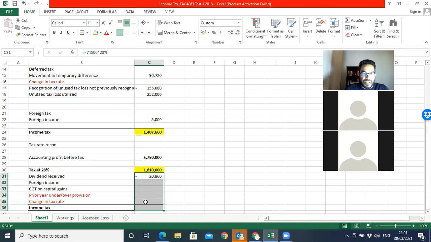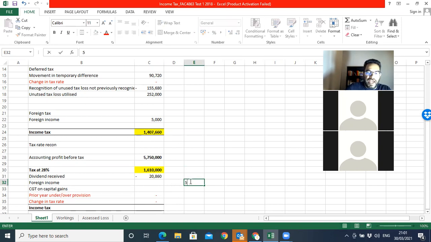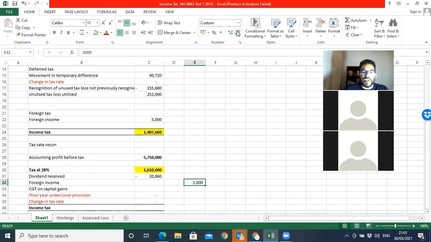The 20,000 Rand. Sorry, the one that. This is 0. I just brought it in for our purposes, so you're not going to include it, really. I just brought it in for a completeness point of view. Now let's work out the foreign income. The foreign income we know was 5,000 Rand. The tax on foreign income was 5,000 Rand. That is what we know.